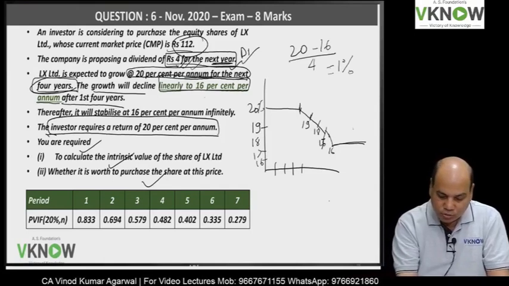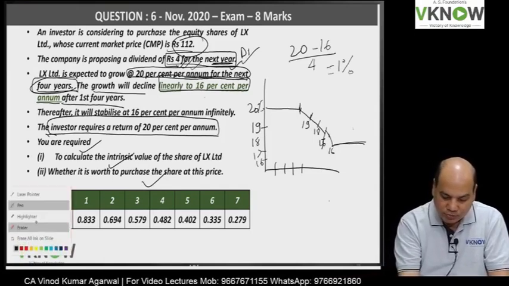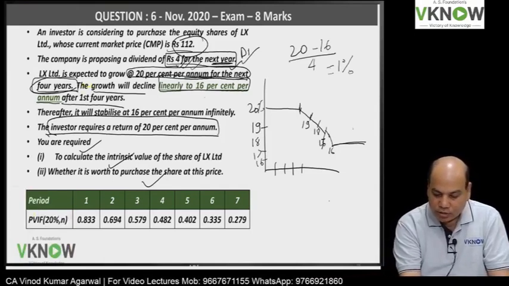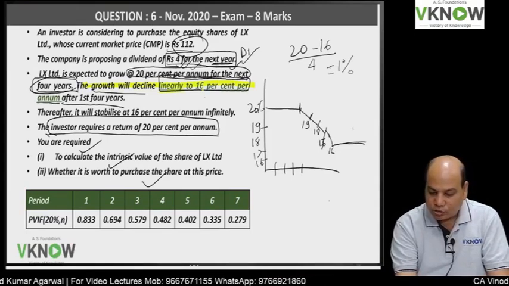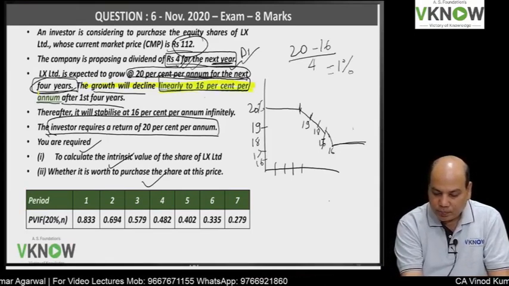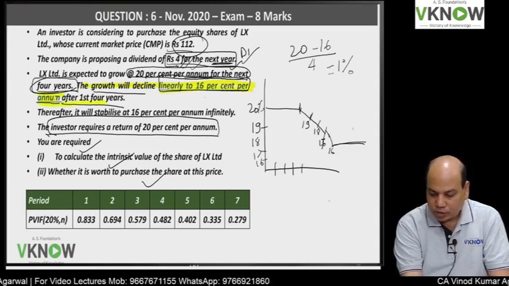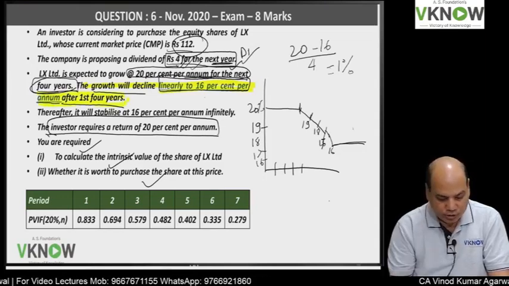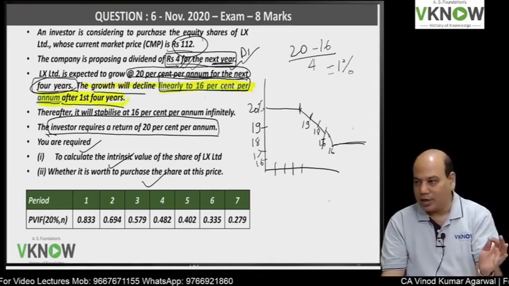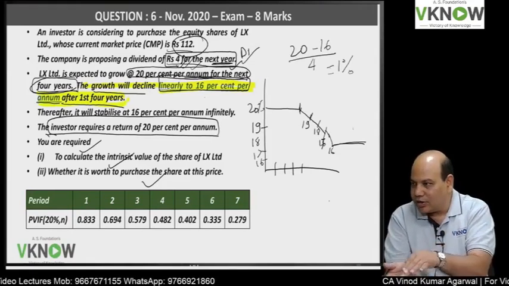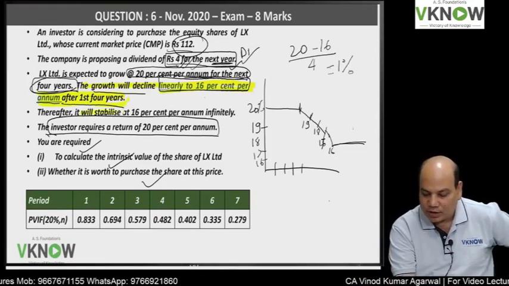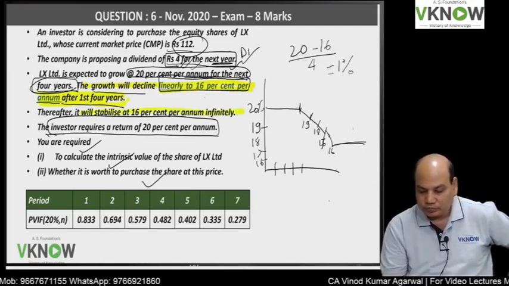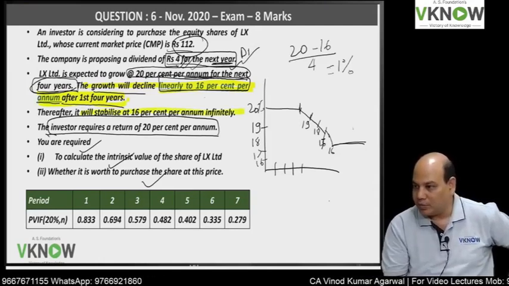So the new concept in this question is that the growth rate will decline linearly to 16% per annum after the first 4 years. The growth rate will decline every year till it reaches 16%, and then it will stabilize at 16% per annum for an infinite period.